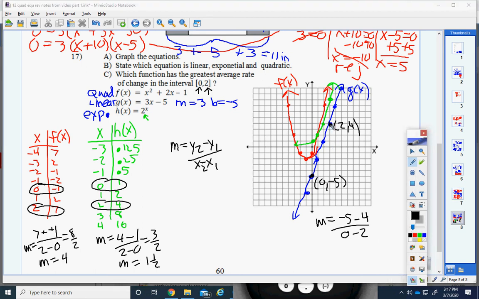1, 2, 3, 4. And I get negative 9 over 2. I did something wrong. Rate of change is supposed to be 3.